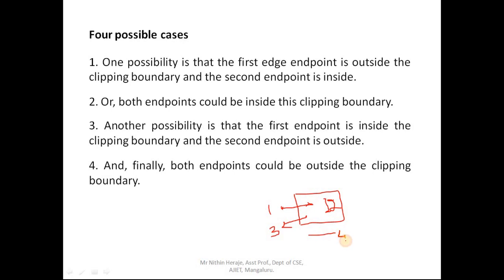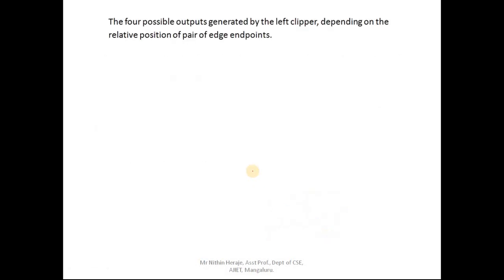This is the fourth case. So the first case is outside going towards inside. Second, both points inside. Third, inside point to outside point. Fourth, both points are outside. So these are the four possible cases, and we'll look into them.